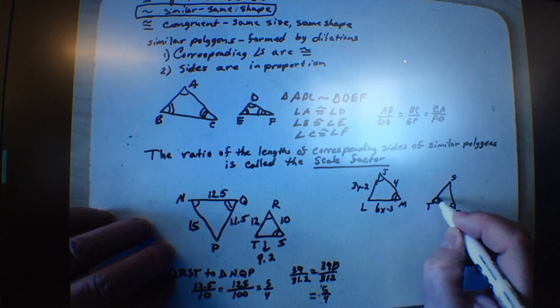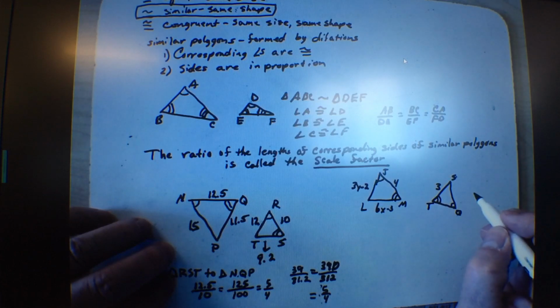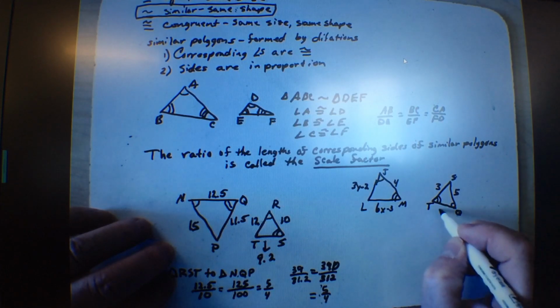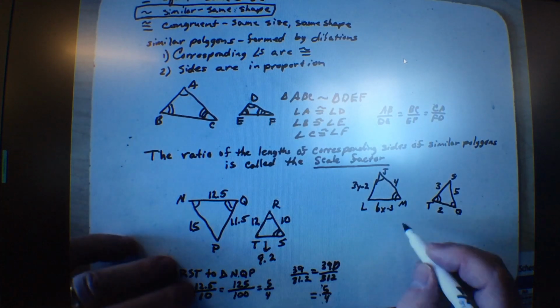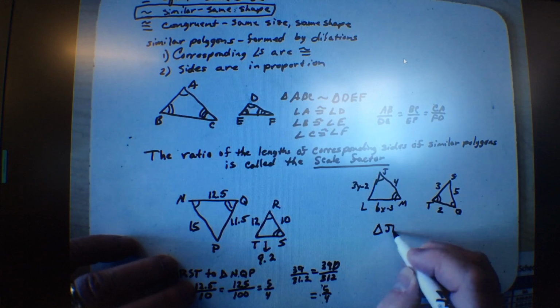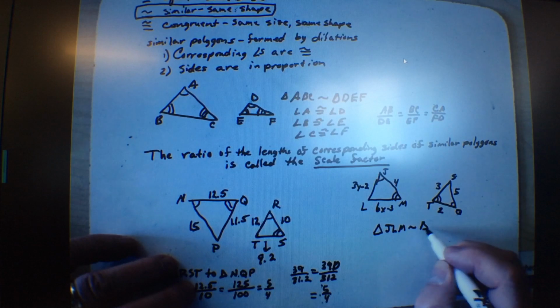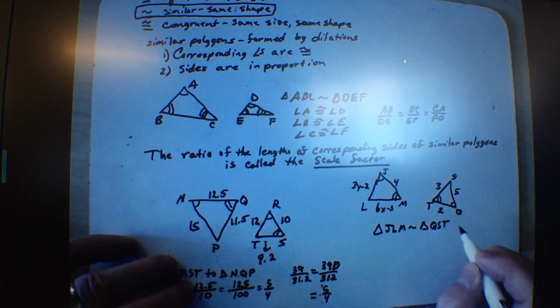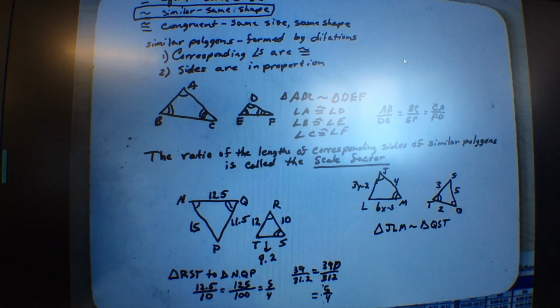This is 3, this is 5, and this is 2. Okay, now the question, well, first of all, I'm going to tell you the similarity. Triangle JLM is similar to triangle QST. Okay? And I want to solve for X and Y.